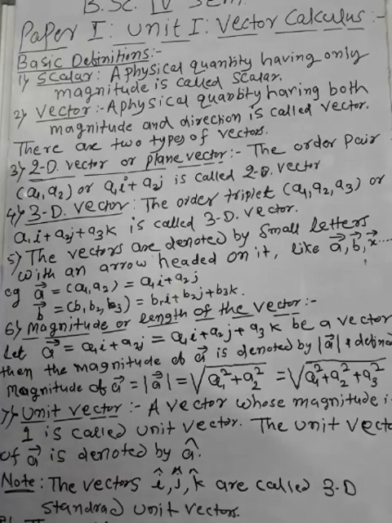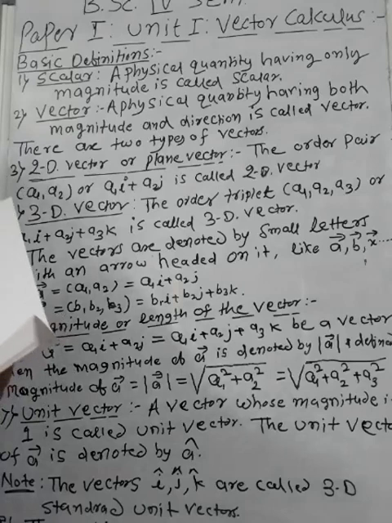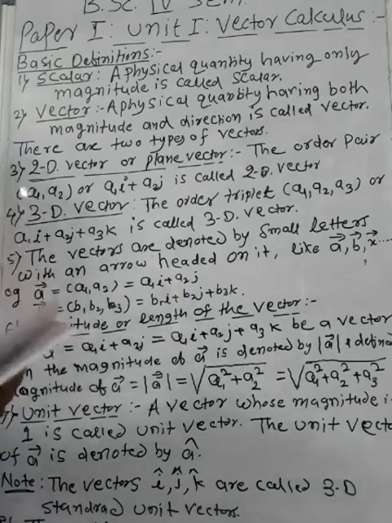Each paper contains 5 units, and out of these 5 units I will take 3 units. From paper 1 I will take the first and second units, and from paper 2 I will take the fifth unit about differential equations.